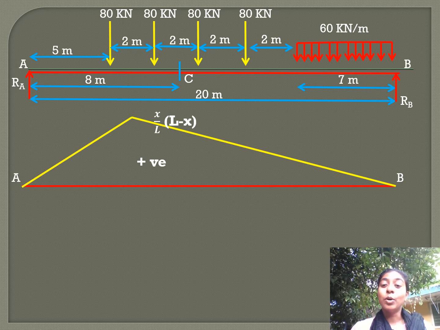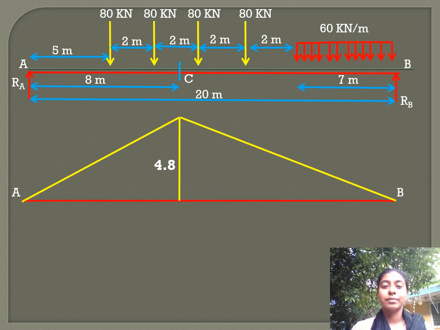For both parts we have positive ordinates, and the positive ordinate is x by L into (L minus x). So by substituting x equal to 8 and L equal to 20, we get 4.8. That is the maximum ordinate in the influence line diagram for the bending moment, 4.8.